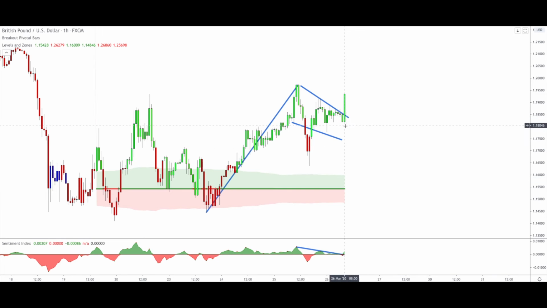As you can see, the price broke above the trend line, our consolidation. Let me draw this better. Okay, it is now this one, but the point is that it broke above the trend line. At the same time, the sentiment index broke above the trend line. This is a pretty predictable setup, because the sentiment index was so much compressed.